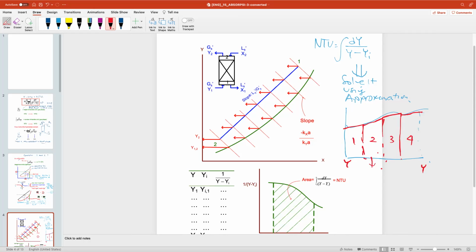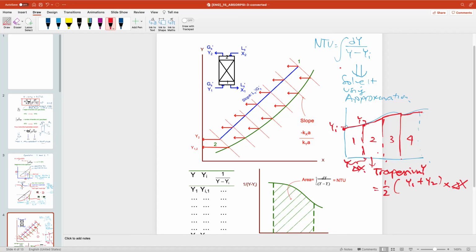The trapezium area is half of, for example, y1 plus y2, that is, this plus this divided by 2, multiplied by the delta x. I think that's the trapezium.